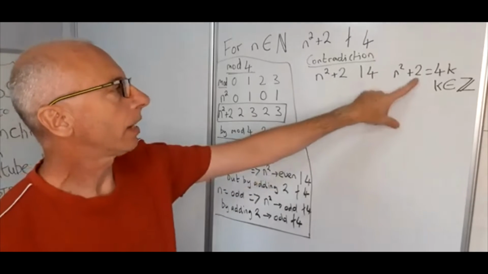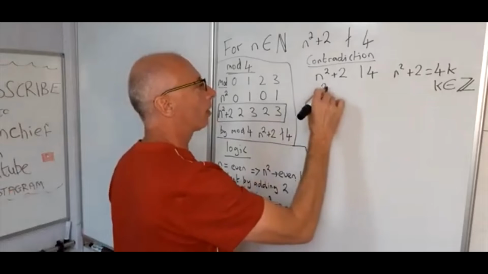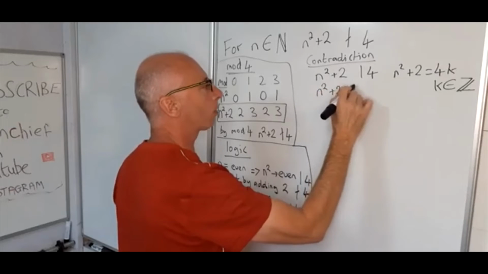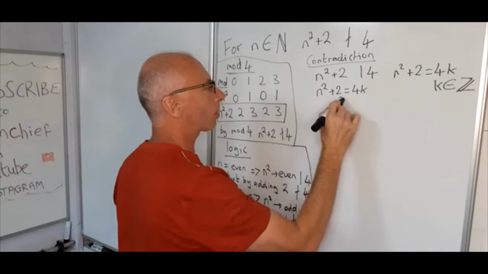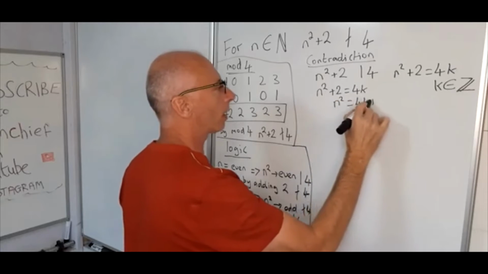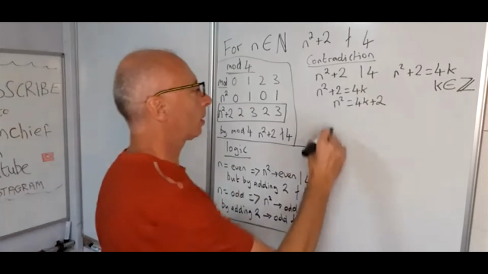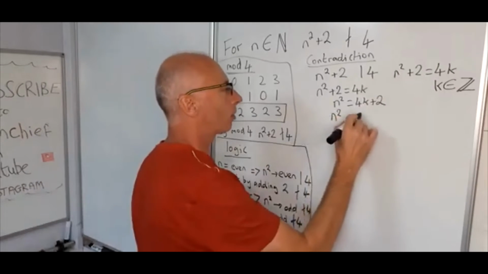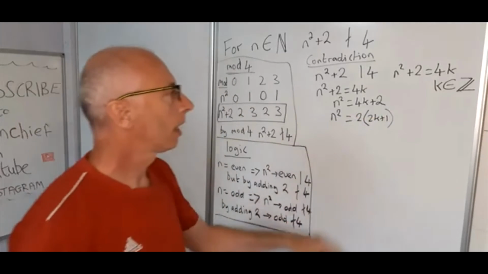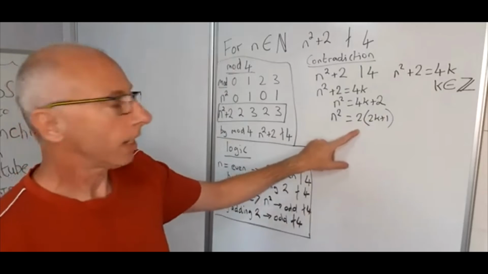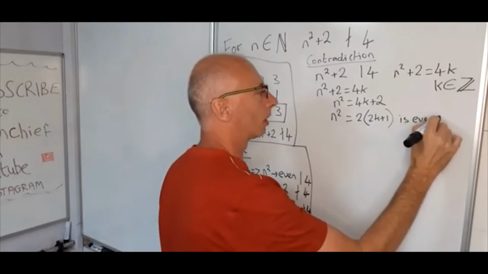Okay, now let's just have a look what we can do here. Manipulate this with algebra. n squared plus 2 equals 4k, which we now subtract 2 from each side. We get n squared equals 4k minus 2. Now we can factor this out. So now n squared equals 2 times 2k minus 1. Now we know that this is an even number.